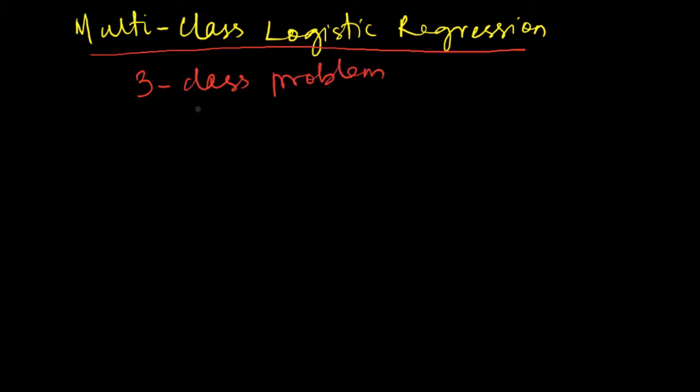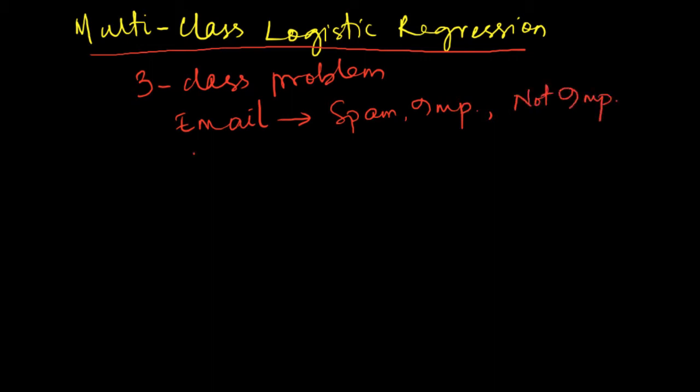So for example, you could have an email which you want to classify as spam, important or not important. Or you could have an image which you want to classify into, let's say, a dog or a cat or a mouse. So there could be many such possibilities.